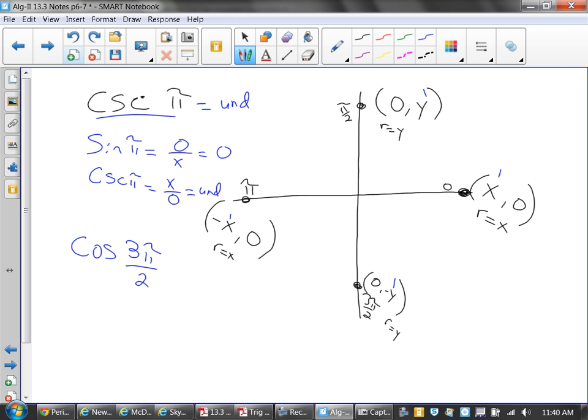These ordered pairs that we've written out: 1, 0, 0, 1, negative 1, 0, 0, 1. What is the x coordinate at 3 pi over 2? 0. So what's the cosine of 3 pi over 2? 0.